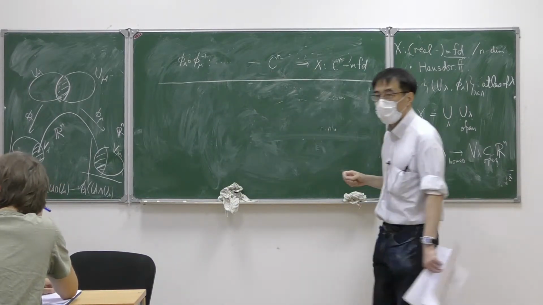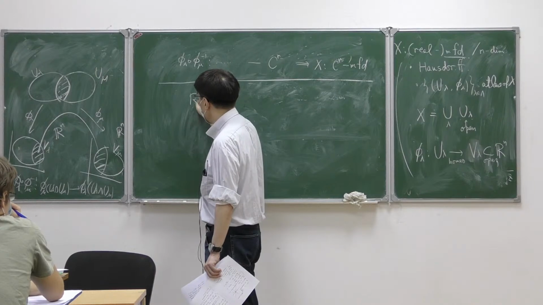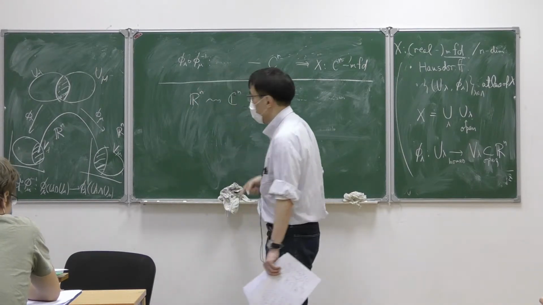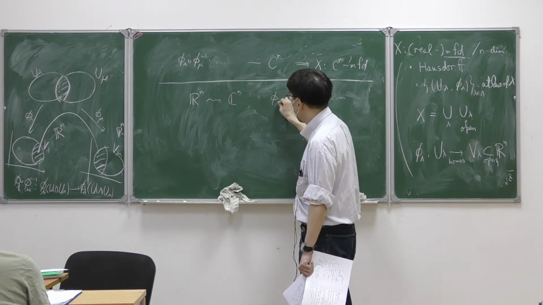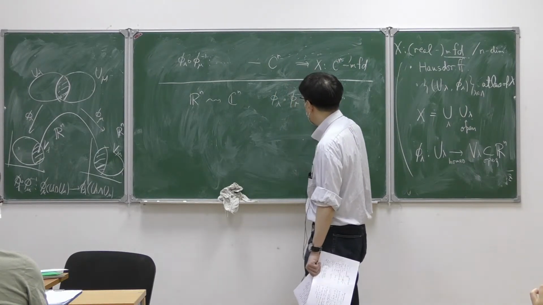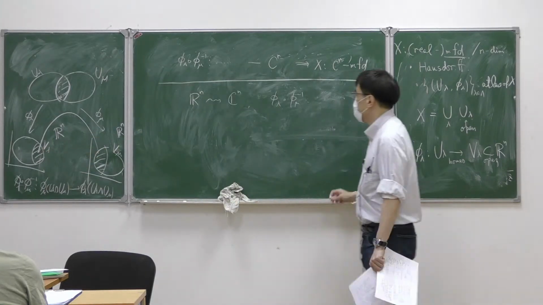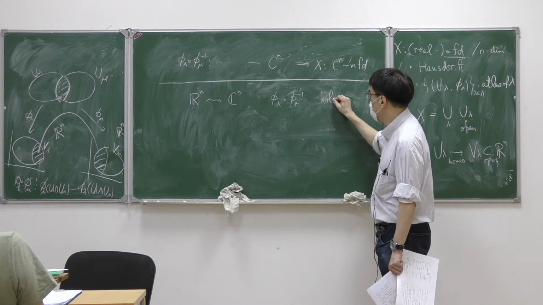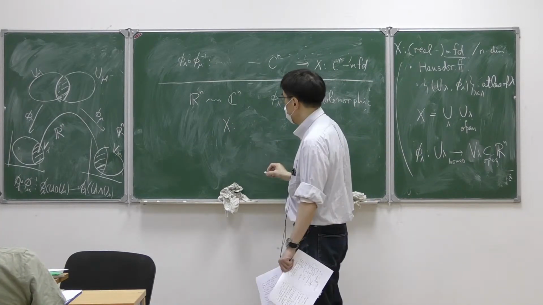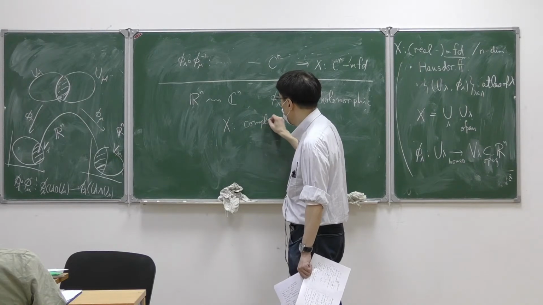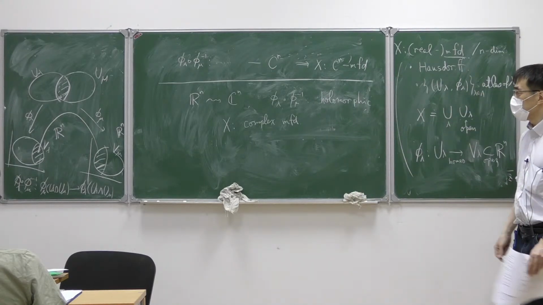This is a usual definition of the manifold over R, and if we replace Rn here by Cn and require this map to be holomorphic, then it is a complex manifold.